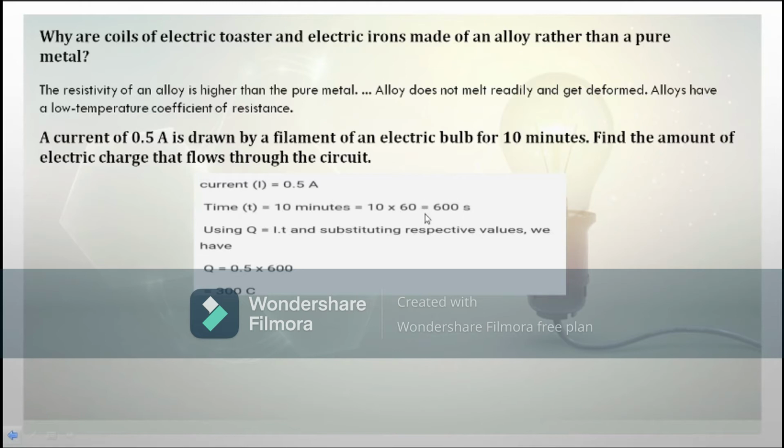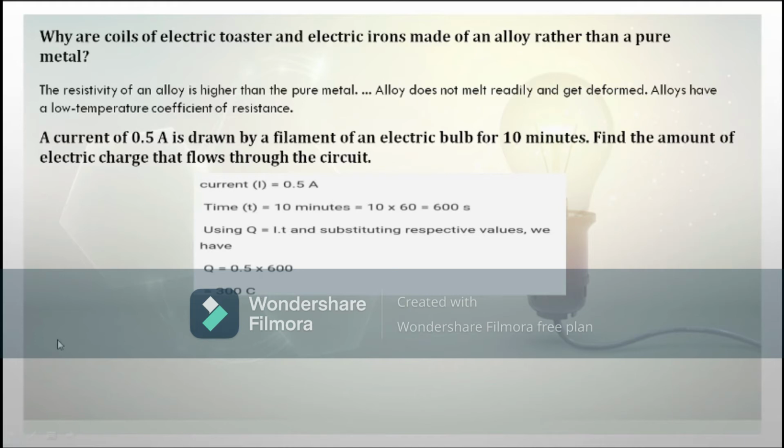Then you have to find charge, that is Q. Using the formula Q is equal to I into T, substitute the values of I and T. Q is equal to 0.5 into 600. If you multiply, you will get 300. The unit is C, coulombs, the unit of charge, 300 coulombs.